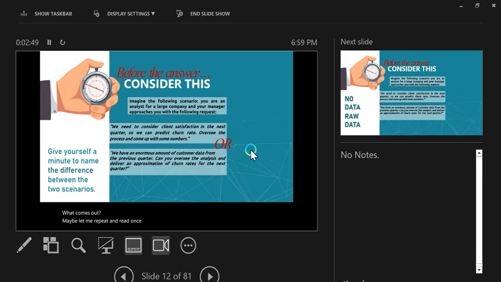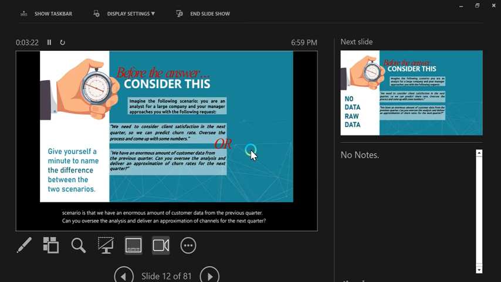We need to consider client satisfaction in the next quarter so we can predict churn rate. You have been told to oversee the process and come up with some numbers. The second scenario is that we have an enormous amount of customer data from the previous quarter. Can you oversee the analysis and deliver an approximation of churn rates for the next quarter?